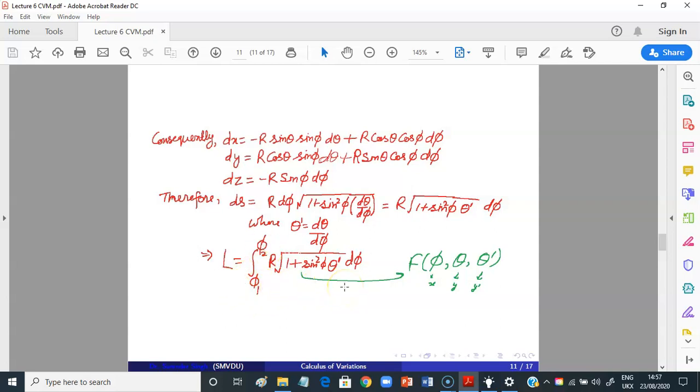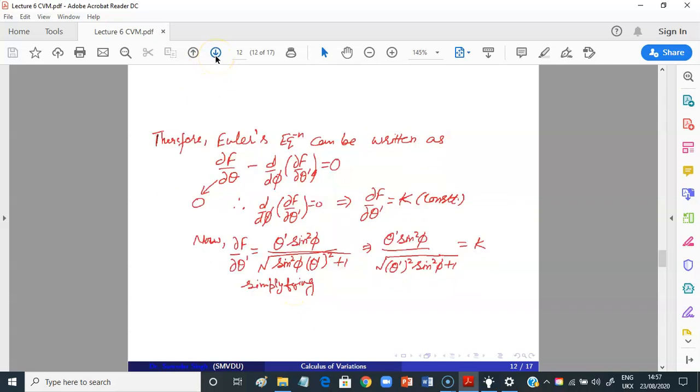So now this becomes the functional, where capital F is a function of phi, theta and theta dash. As in the case of Cartesian coordinates, you can consider that this is x, this is y, and this is y dash. So accordingly, you will frame the Euler equation. The Euler equation in that situation is given by this, because theta is in place of y and phi is in place of x. So the Euler equation becomes this.